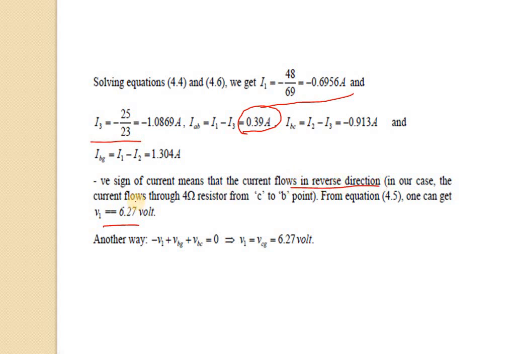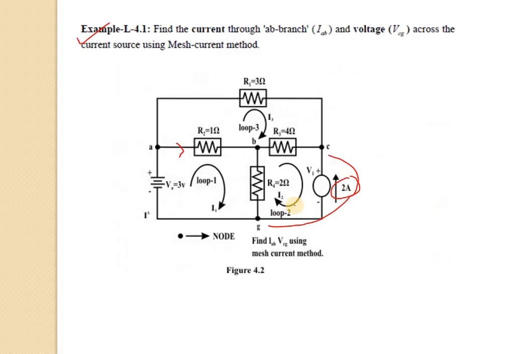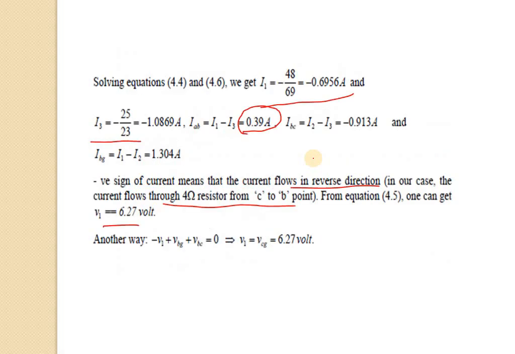In our case, current flows through the 4 ohm resistor from C to B. As per the diagram, we can easily see that the current flows from C to B in this direction. We have taken this one, and the actual current is flowing in this way, so this answer we are getting is minus.